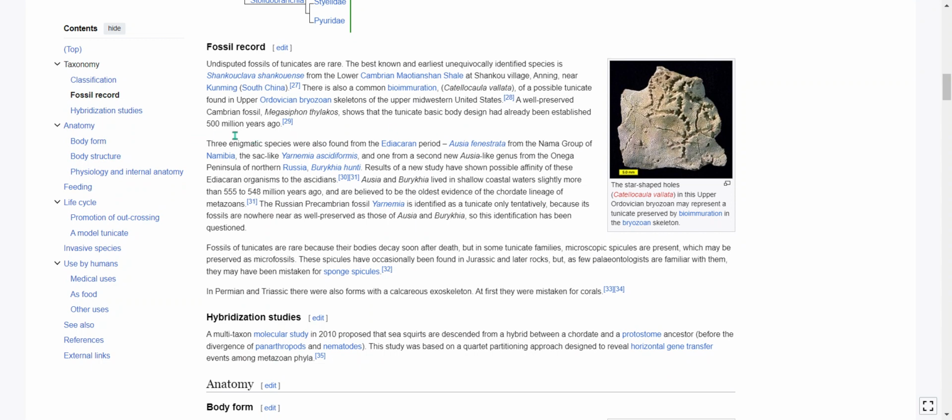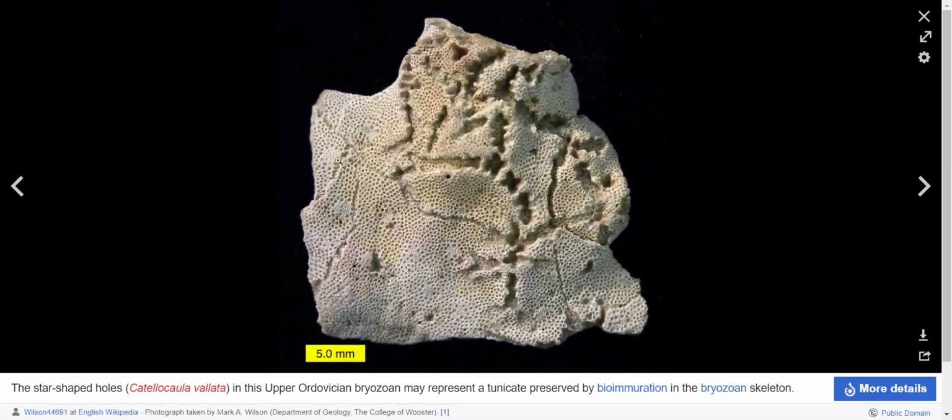A well-preserved Cambrian fossil, Megasiphon thylacos, shows that the tunicate basic body design had already been established 500 million years ago. And here we have star-shaped holes of Catellocaula vallata in the Upper Ordovician bryozoan may represent a tunicate preserved by bioimmuration in the bryozoan skeleton.